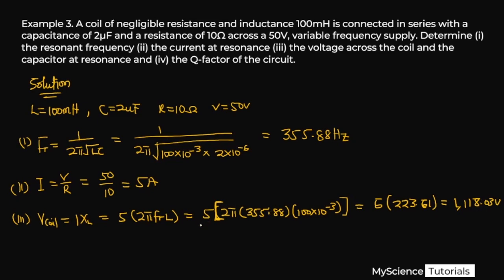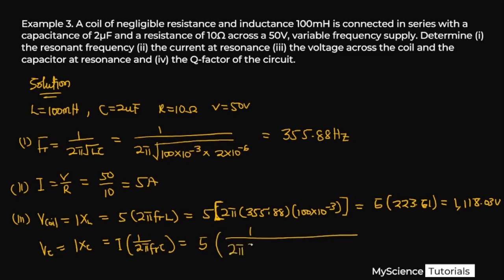And then we can go ahead and find the voltage across the capacitor VC. VC is equal to I XC, this is the current multiplied by XC, which is 1 over 2 pi FR C. So this is equal to 5 multiplied by 1 over 2 pi multiplied by the resonance frequency 355.88 multiplied by the capacitance, which is 2 times 10 raised to the power negative 6.